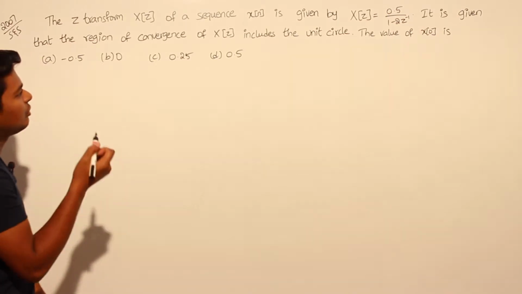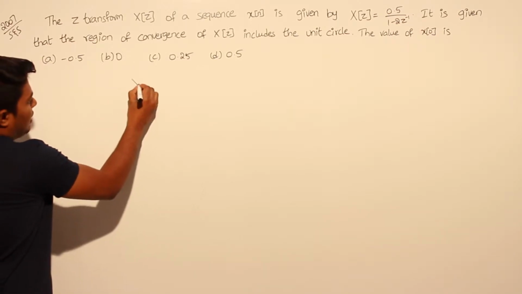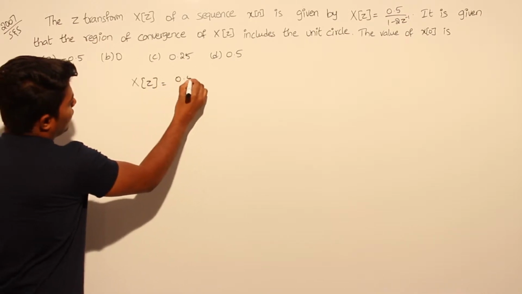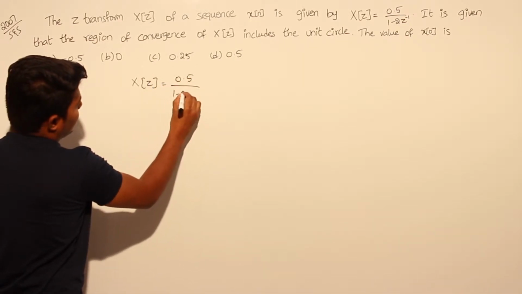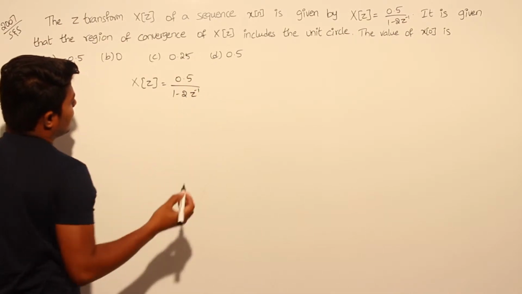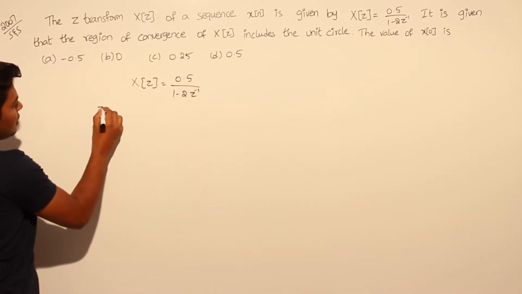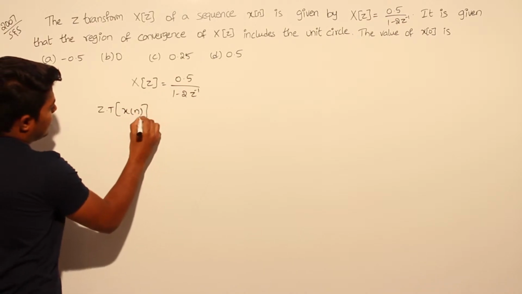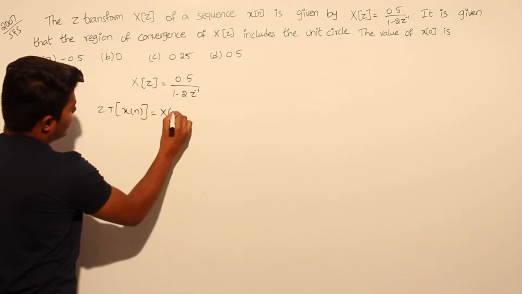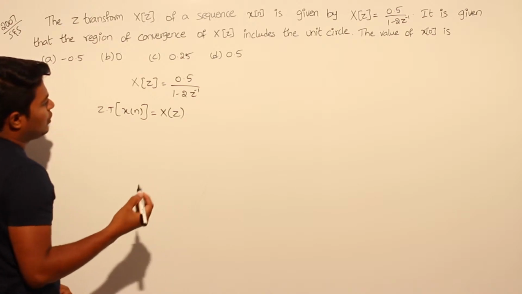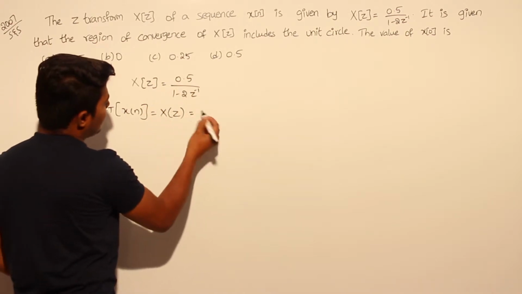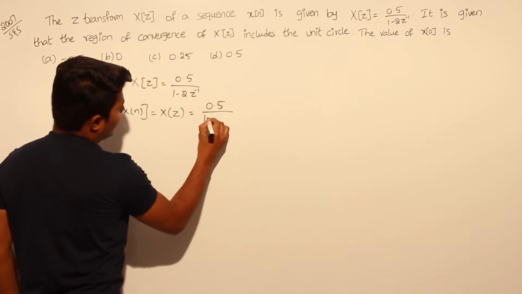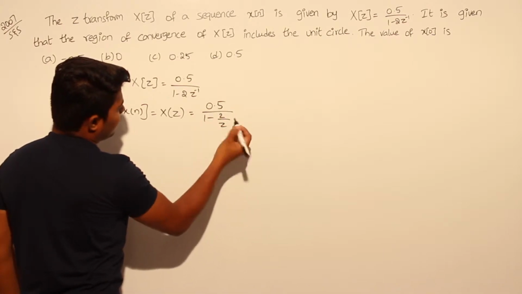Okay, first take down the X(z) value. X(z) is given by 0.5 / (1 - 2z^-1). We know that the z transform of x(n) is equal to X(z). Now take the X(z) value and slightly modify it. 0.5 / (1 - 2/z), we can write it like this.